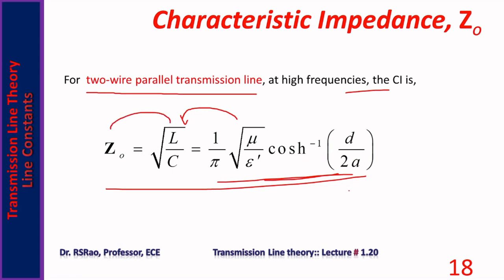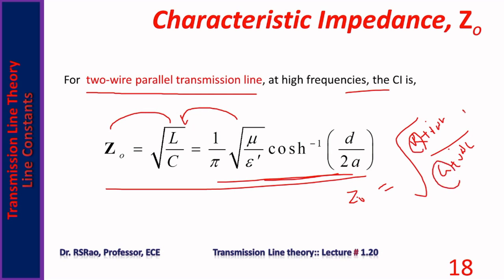From the definition. You see Z0 equals the square root of (R plus j omega L) by (G plus j omega C). Now bring j omega out: R by j omega, this is G by j omega. Now as omega is very high, the first term becomes 0, this fellow becomes 0, you are left with L by C. So at high frequencies, characteristic impedance is always root L by C, a pure real quantity.